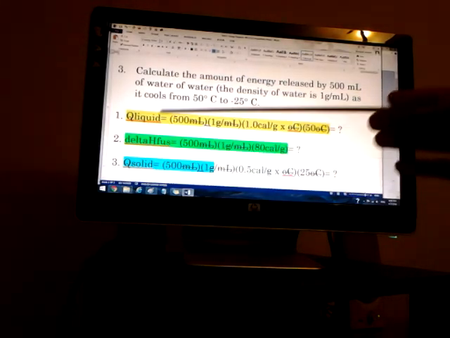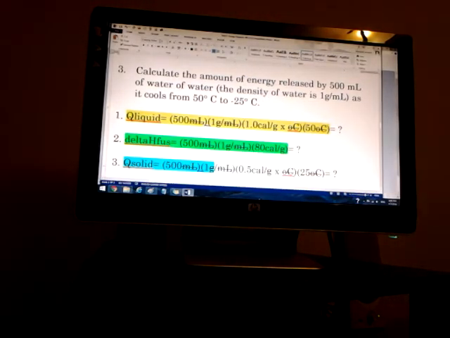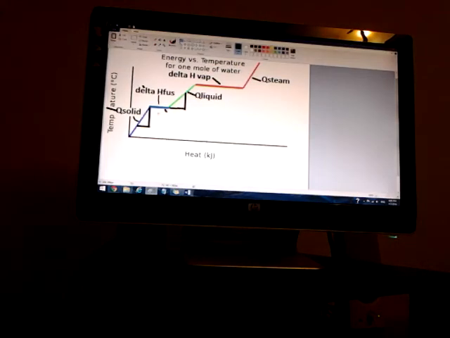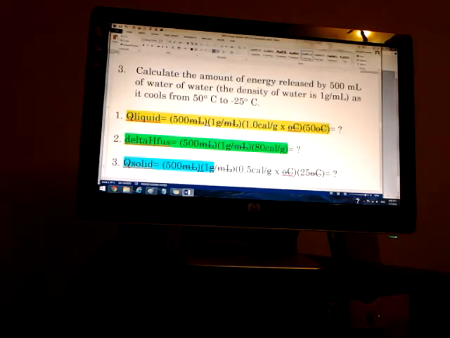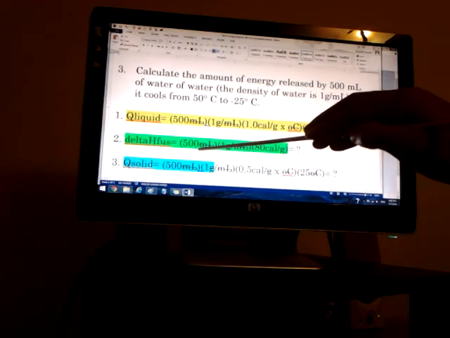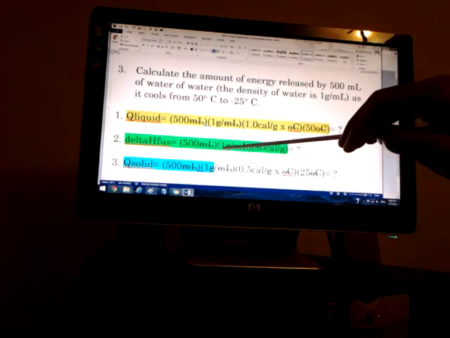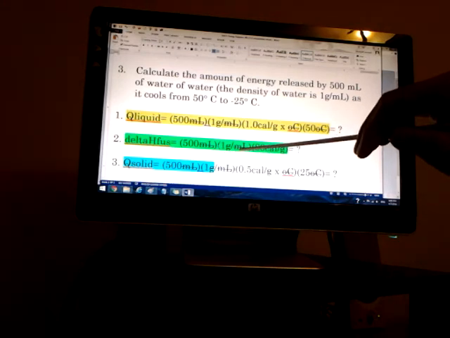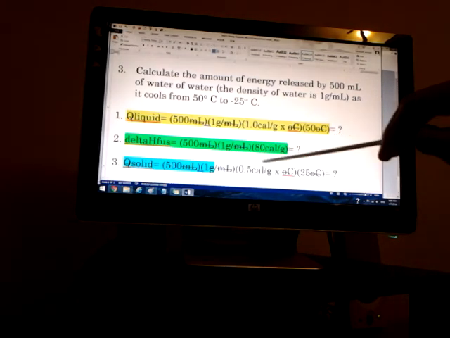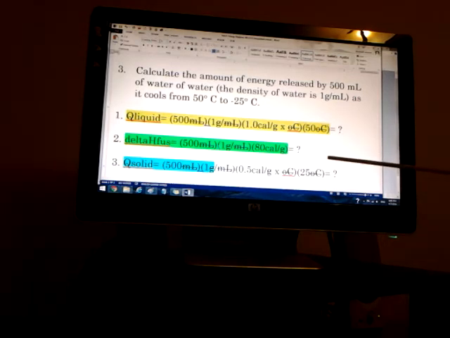Then the delta H fusion, in which there's no change in temperature. You don't have to do anything with temperature in this one. You have the same amount of milliliters, and then you have to convert that to grams again, 1 gram per milliliter, times a specific heat, which is different in this case because you're not changing the temperature, you're just changing the state.